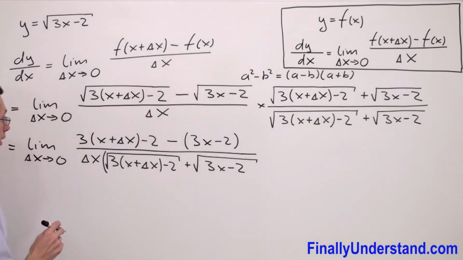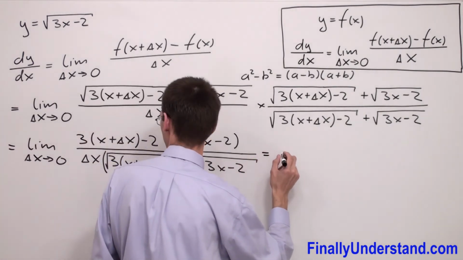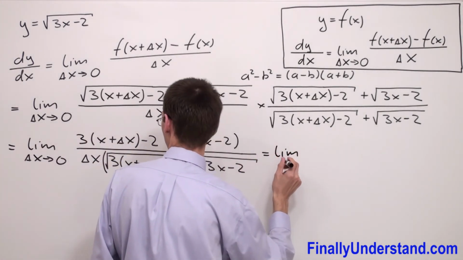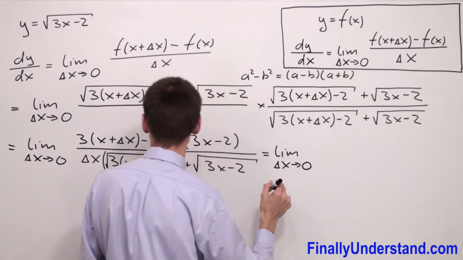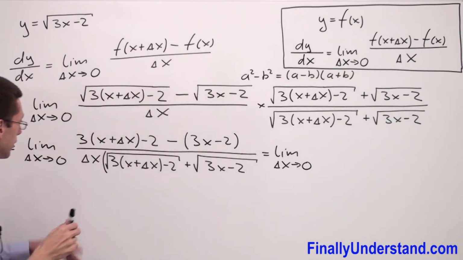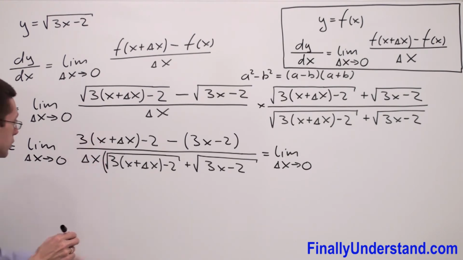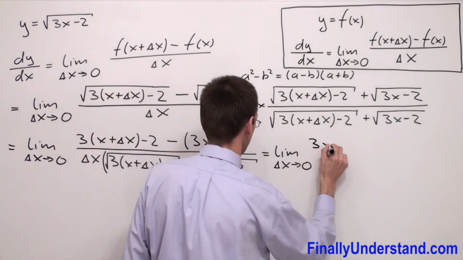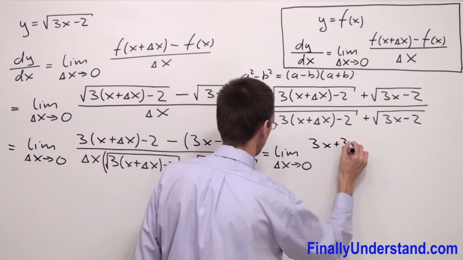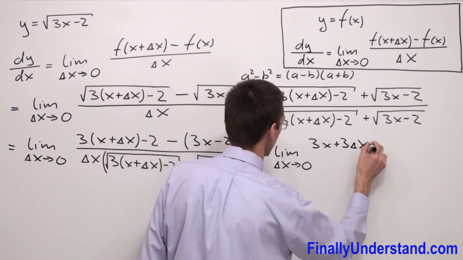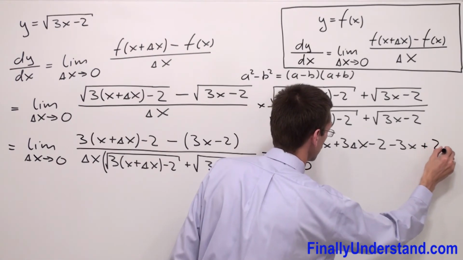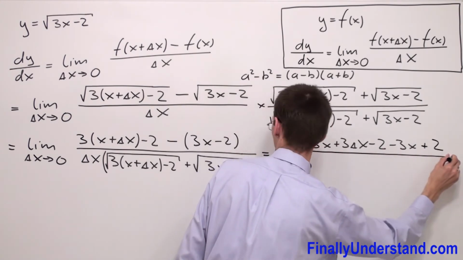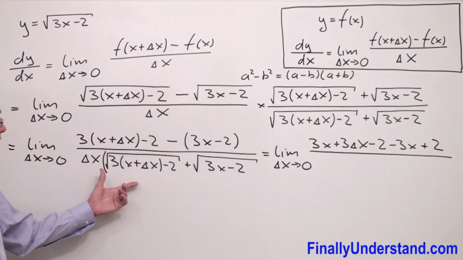Okay? So next we're supposed to organize the numerator. I'm going to write that this is equal to the limit as delta x approaches 0. And in the numerator, I'm going to distribute this 3 into the parentheses, and I'm going to have 3x plus 3 delta x minus 2 minus 3x plus 2, everything over my denominator.